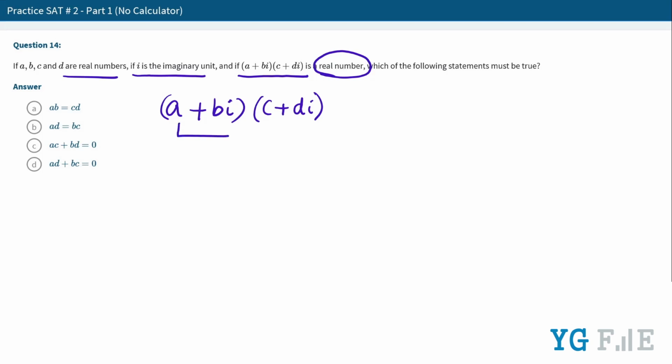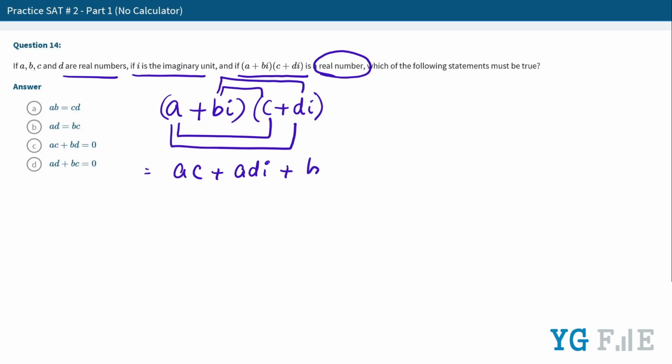So we multiply A times C and A times Di to get AC plus AD times i, and we multiply these two terms to give us BCi and BDi squared.